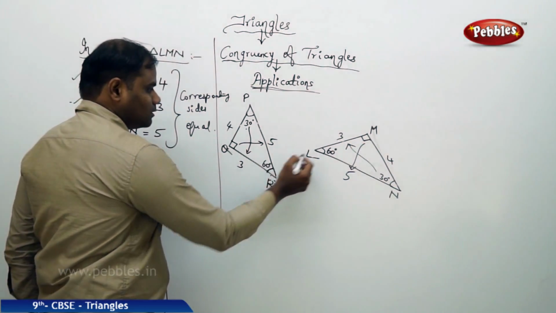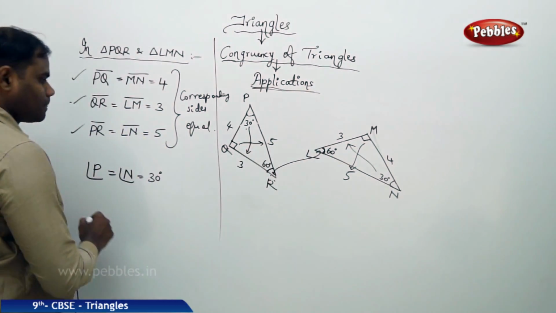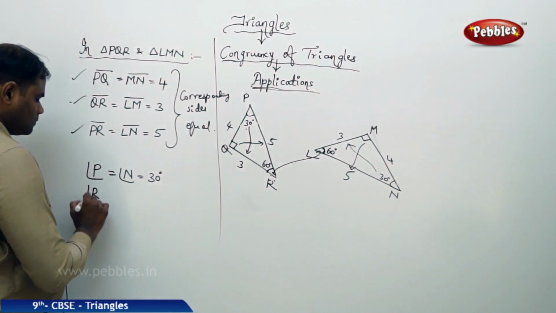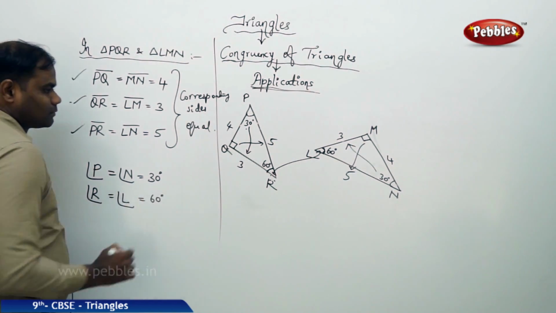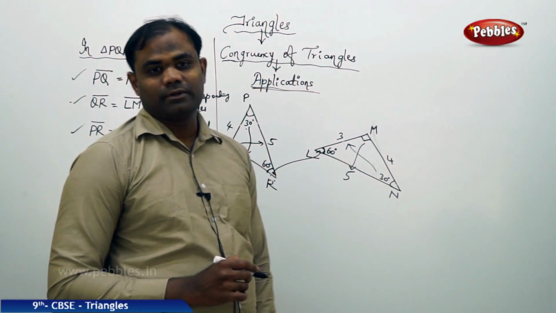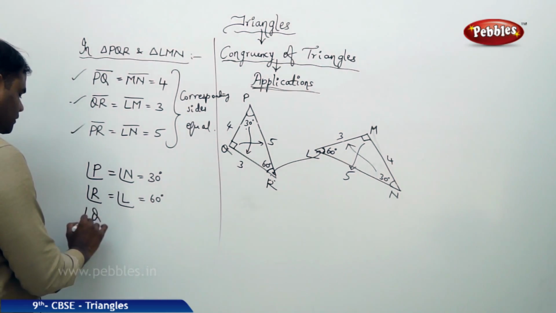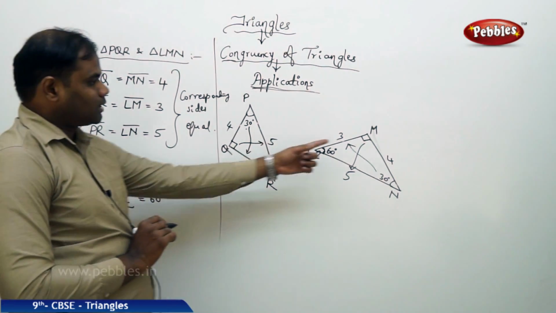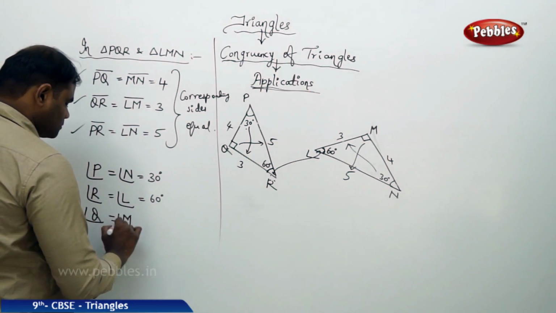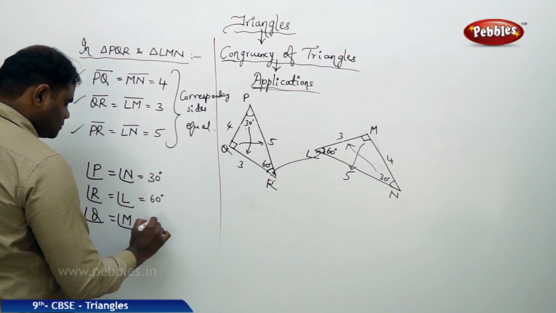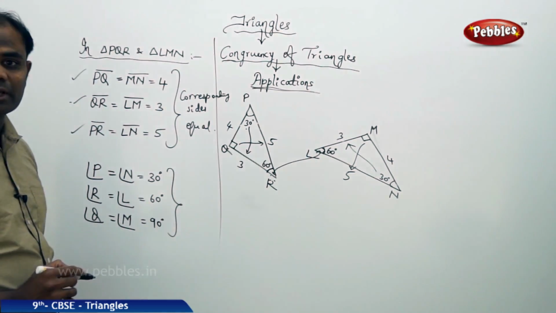Therefore, this angle refers to the corresponding angle out here. So my angle R is equal to angle L, which is equal to 60 degrees. Thirdly, my angle Q, which is 90 degrees, is equal to angle M, which is 90 degrees. Therefore, I have the corresponding angles equal.